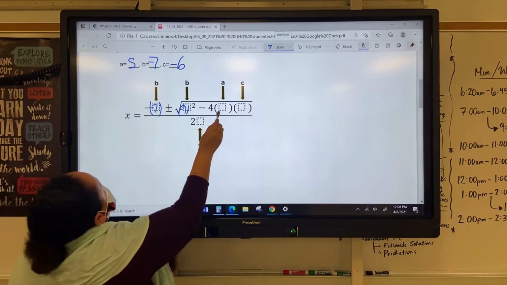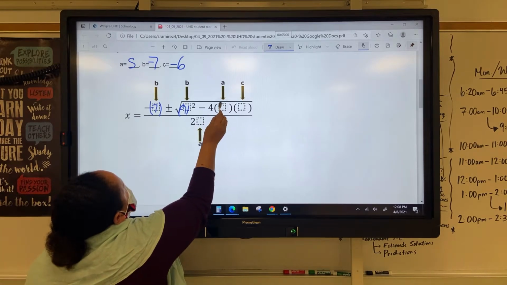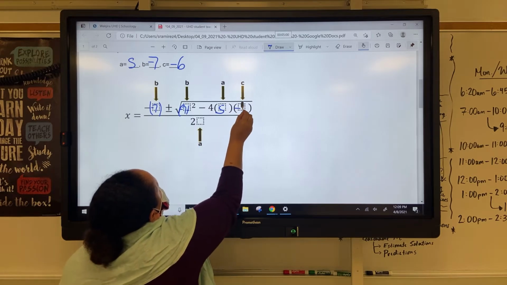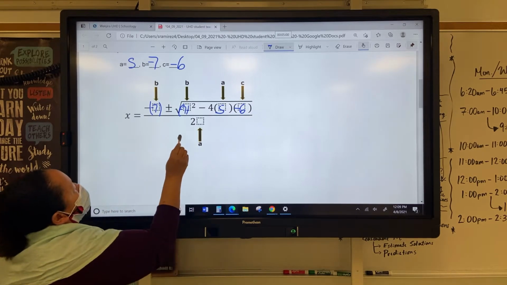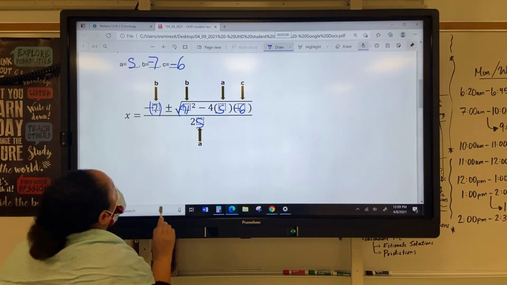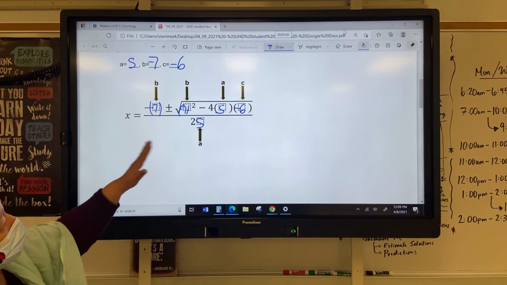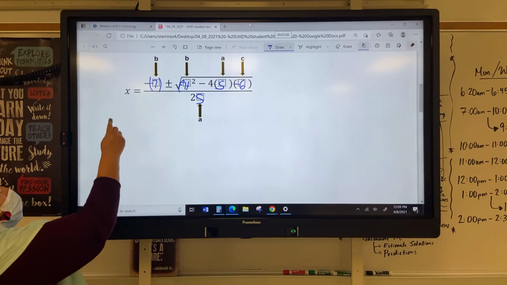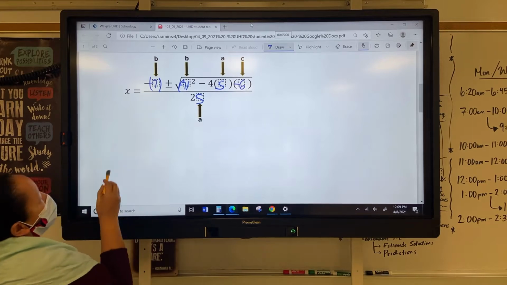Then our a is 5, and c is -6, and our a is 5. Once you have all the numbers in, you just start calculating.